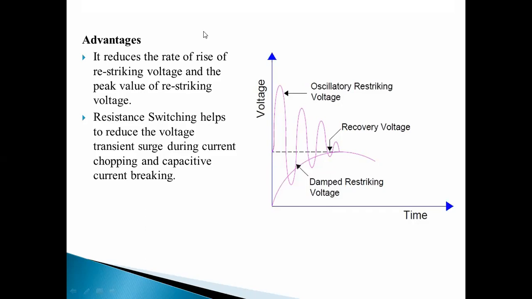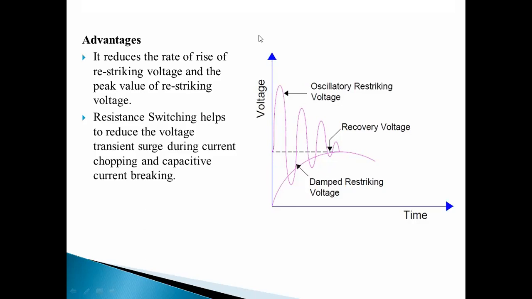So the advantages of this resistance switching are: first, it reduces the rate of rise of restriking voltage and the peak value of restriking voltage. So it will reduce the RRRV, means rate of rise of restriking voltage. What is happening? Restriking voltage we are already getting, but due to current chopping and the oscillatory current interruption method, again there is a restriking.